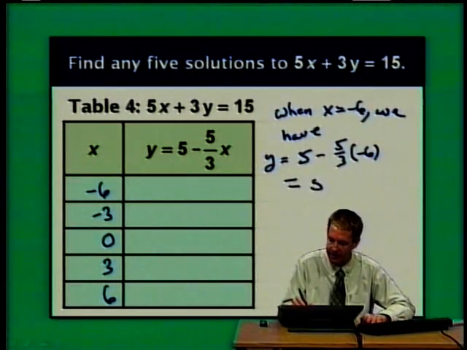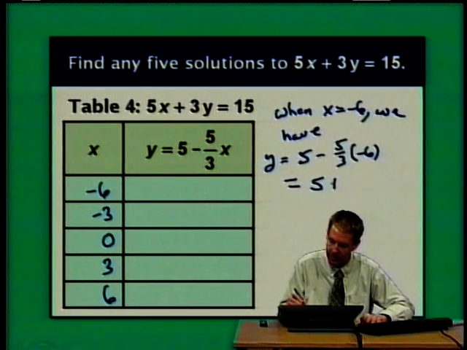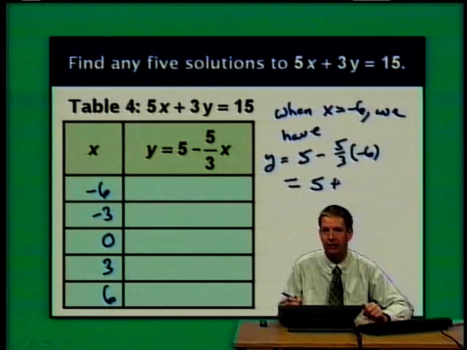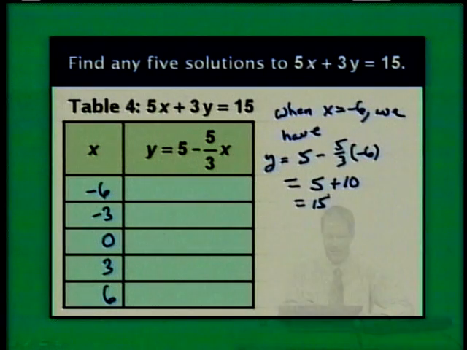So this is going to be 5. In my product here, I'm subtracting a negative, so the result is going to be the same as adding a positive. 3 goes into 6 2 times. 5 times 2 is 10. So y turns out to be 15 when x is negative 6.